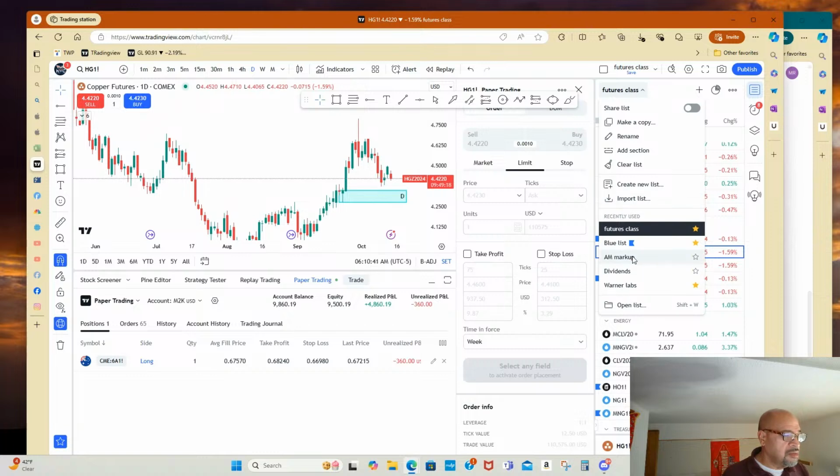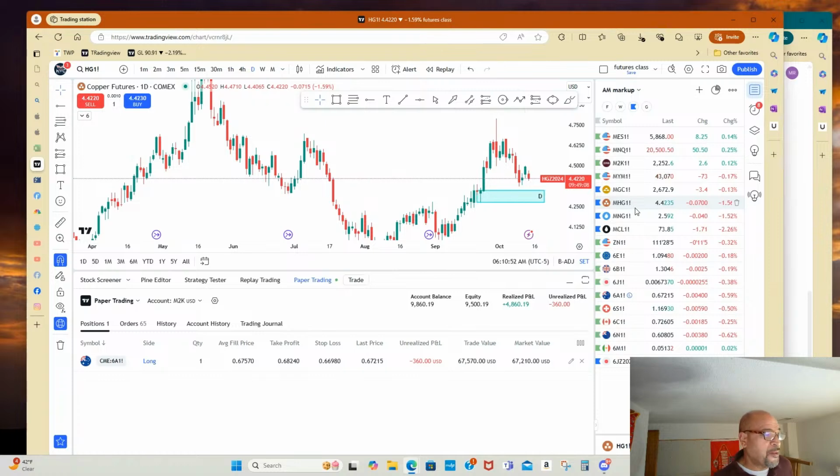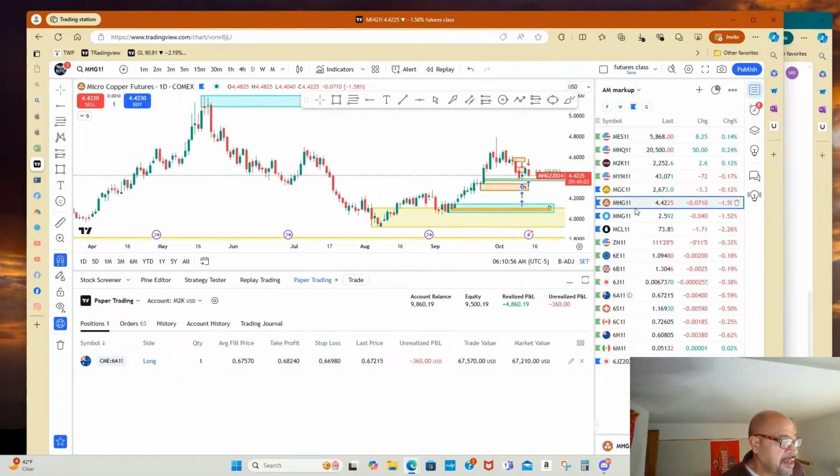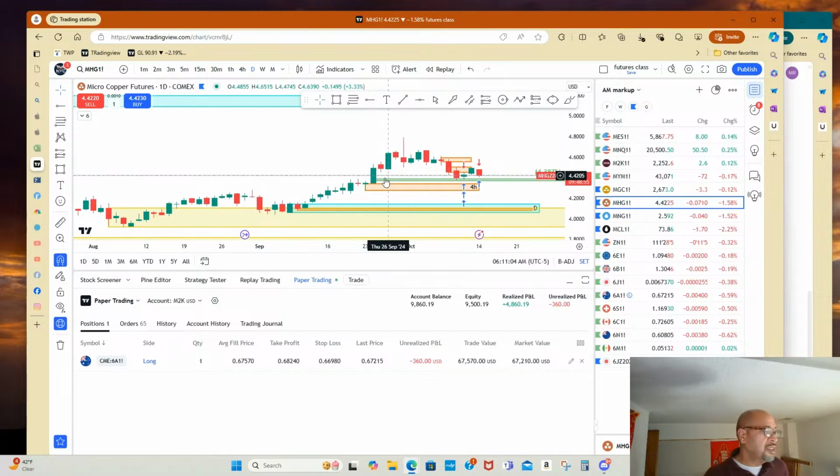Unless I was marking up the mini HG1, so let's look and see if I already have that. Let me see if I can do this. I should already have that marked. And there it is, I think. Where is this at? It looks a little different on the menu. No, there it is.